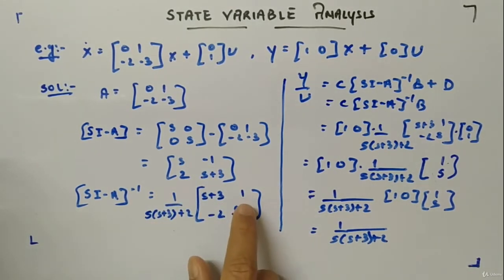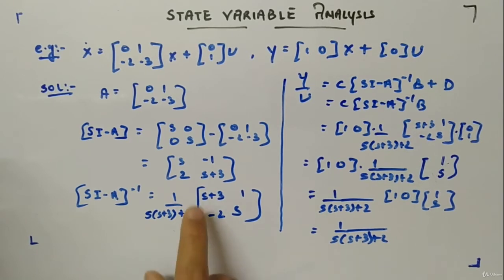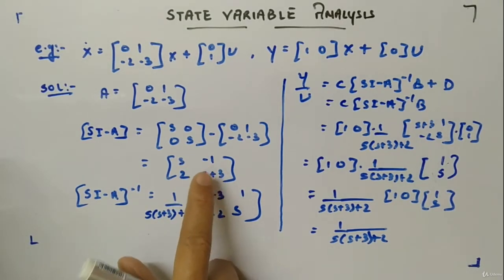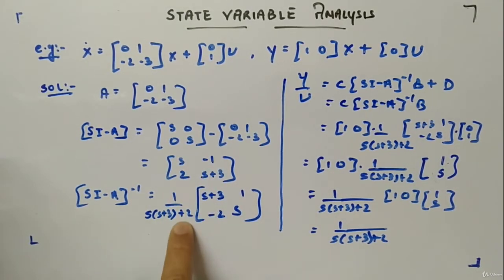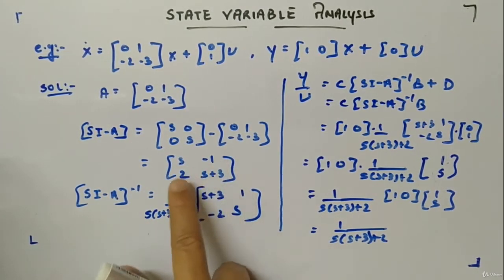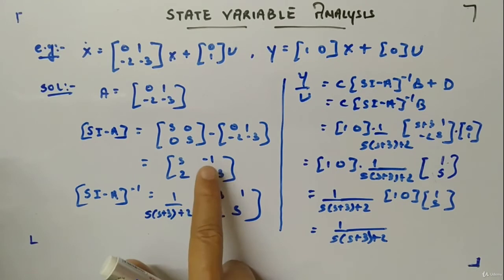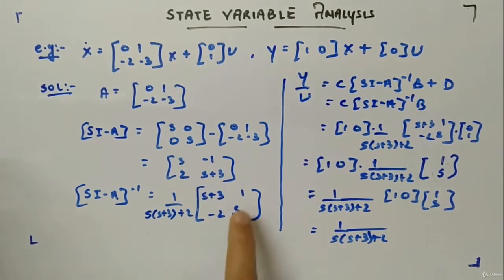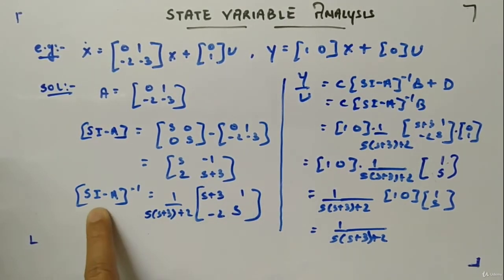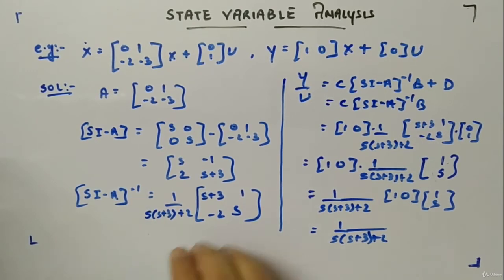So this will become 1, this will become minus 2, and outside you multiply by 1 divided by the determinant. The determinant is s into s plus 3 minus of minus 2, so it will become plus 2. So this is your sI minus A inverse. I have just taken a 2 cross 2 matrix inverse.